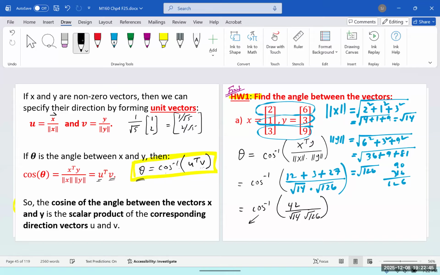When you do cosine inverse, it will give you a degree, so you want to get a calculator in degree mode. Whatever calculator you have, you need to play with it so that you know how to apply the inverse function.